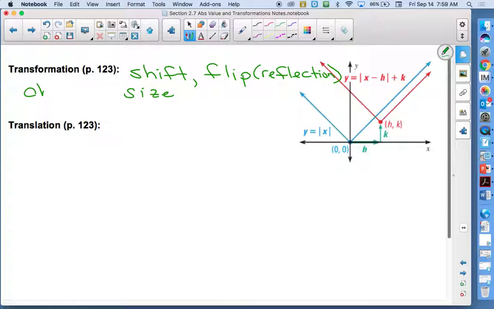So you change in size. I think you looked at those last year with shapes. So you can shift, you can flip or reflect, you can change the size.